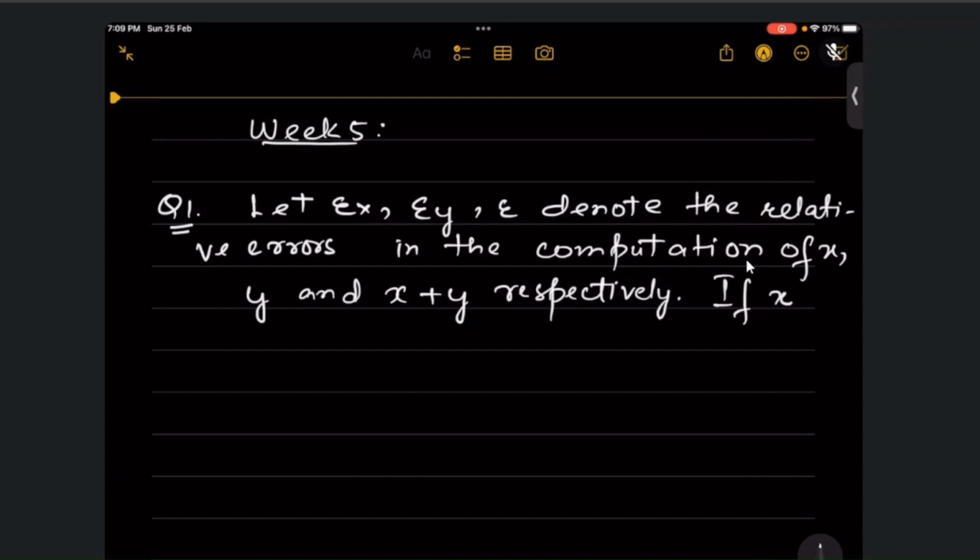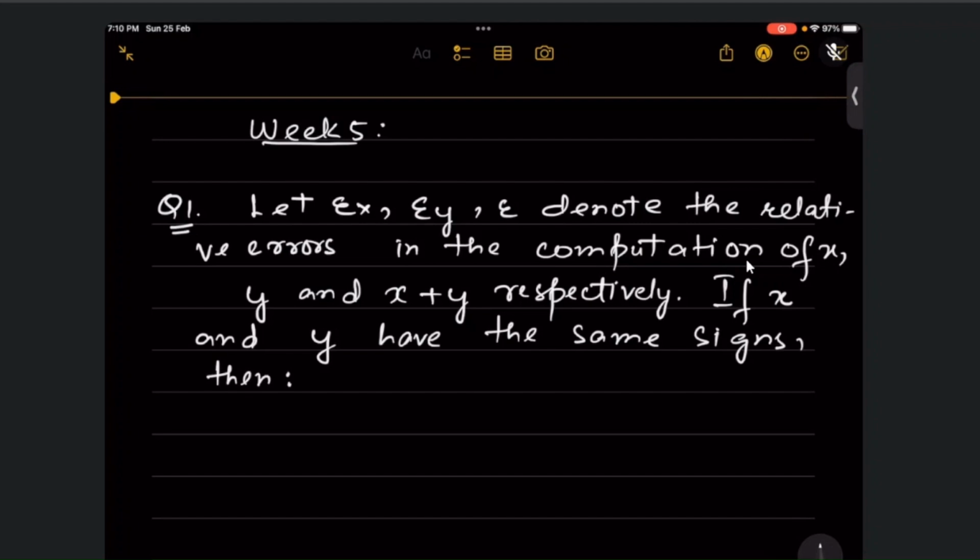If x and y have the same signs, then which of the following is correct? First option is epsilon is approximately equal to epsilon x minus epsilon y.